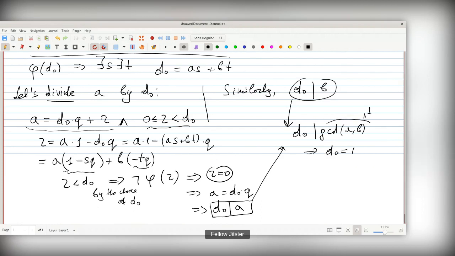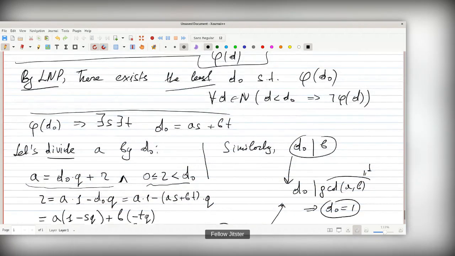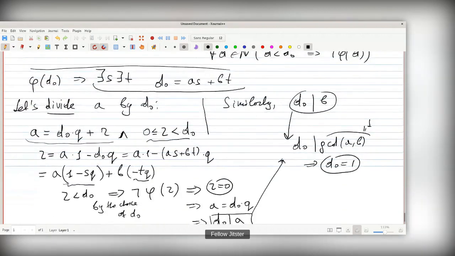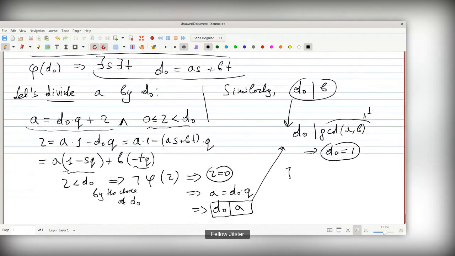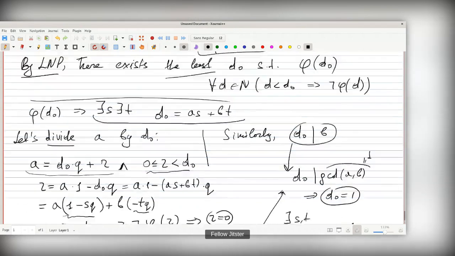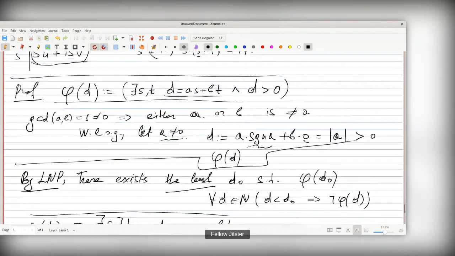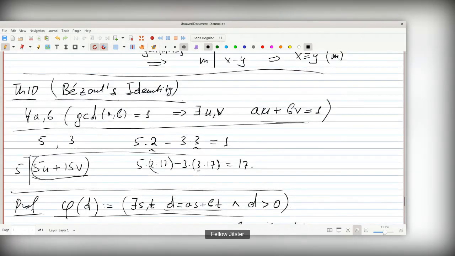Hence, D0 was 1. And on the other hand, we have just obtained S and T such that D0 equals AS plus BT. So there exist S and T such that 1, our D0, equals AS plus BT, which was exactly what was required to be proved. We have found U and V, or S and T if you like, with this property.